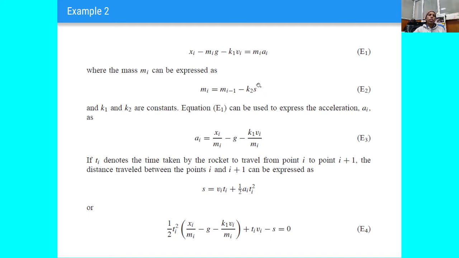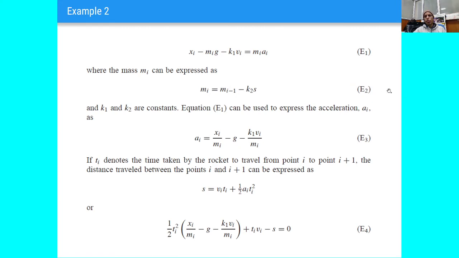Since the distance traveled in each stage is the same, we have taken it as s. This may also vary. In other examples or in some problems, this distance may not be equal, but for simplicity, we have taken this distance as equal for each segment. So that is why mi is given as mi minus 1 minus k2 into s.